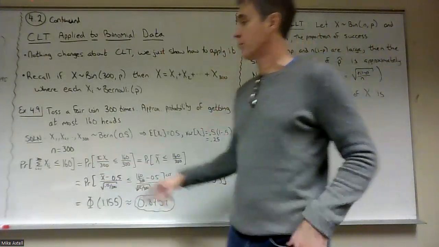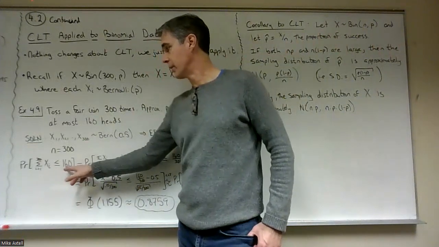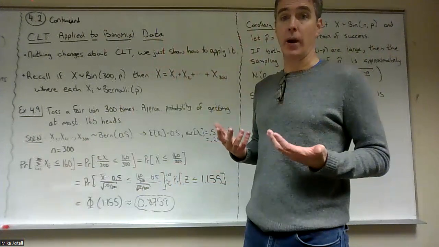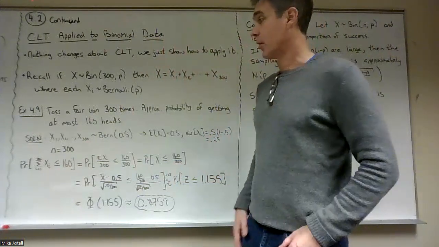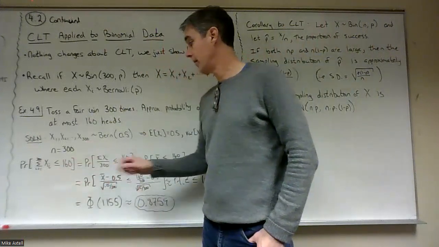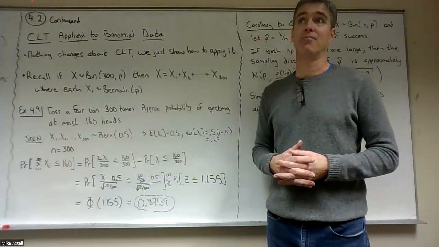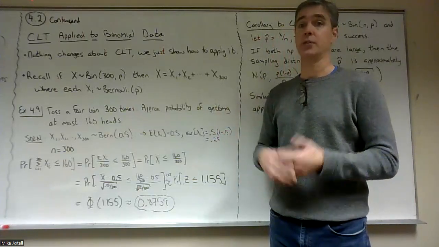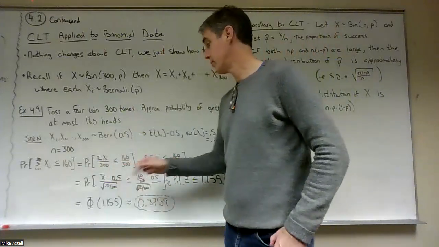So I'm looking for the probability that the sum of these Bernoulli trials adds up to something less than or equal to 160. So what I'm going to do is try and get an x bar out of this, because that's what the central limit theorem speaks to. To get an x bar, I'm simply going to divide by 300. So that's the average success rate: total number of successes divided by total number of trials. So I'm going to divide both sides by 300.